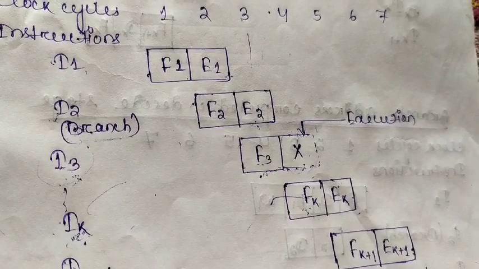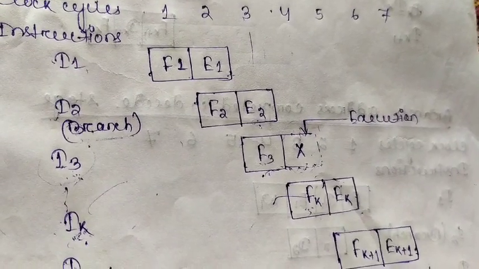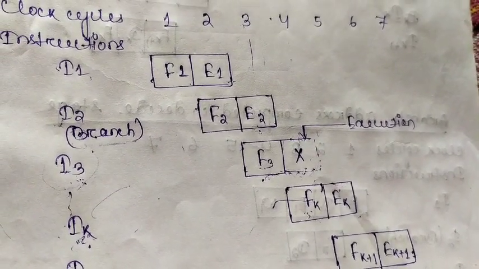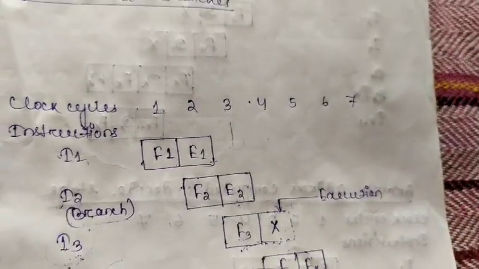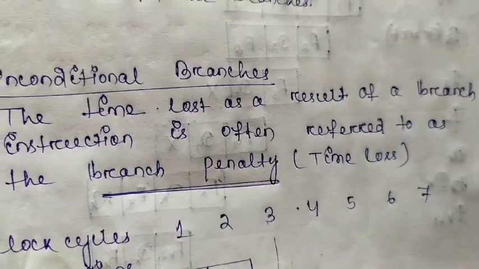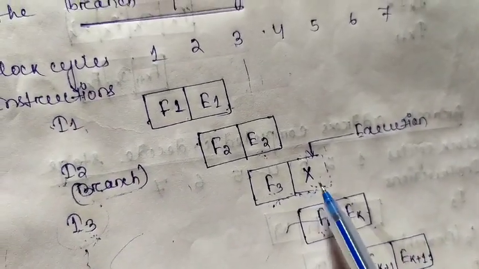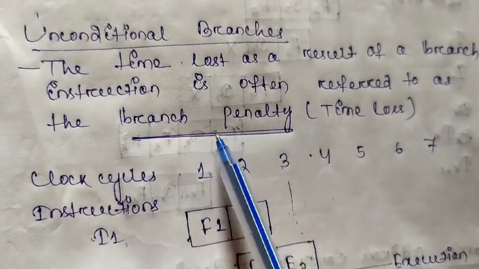The time lost as a result of a branch instruction is often referred to as the branch penalty. Let me write it. Here the time lost is 1 clock cycle, so the branch penalty is 1 clock cycle.